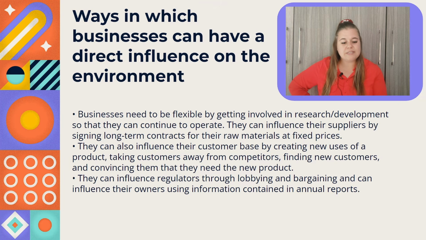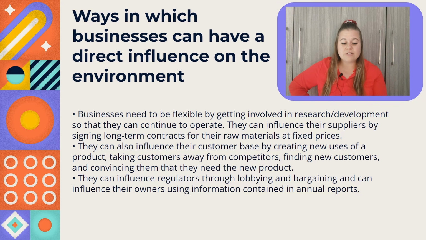Ways in which the business can have a direct influence on the environment. Businesses need to be flexible by getting involved in research and development, so that they can continue to operate. They can influence their suppliers by signing long-term contracts for their raw materials at fixed prices.